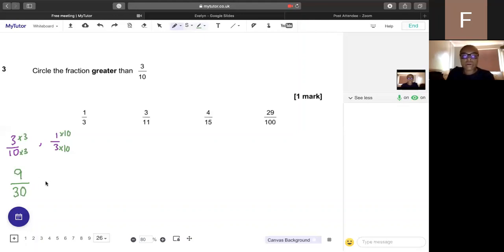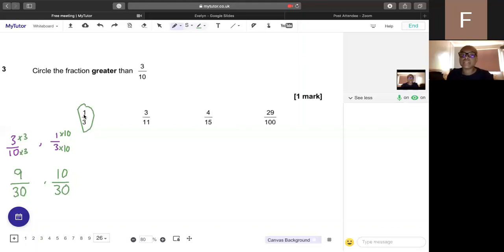So here we've got 10 over 30. So 3/10 is 9 over 30, and then a third is 10 over 30. Now, is a third greater than 3/10? It is, because 10 is greater than 9. So this would be our answer. So luckily we got our answer first time round.